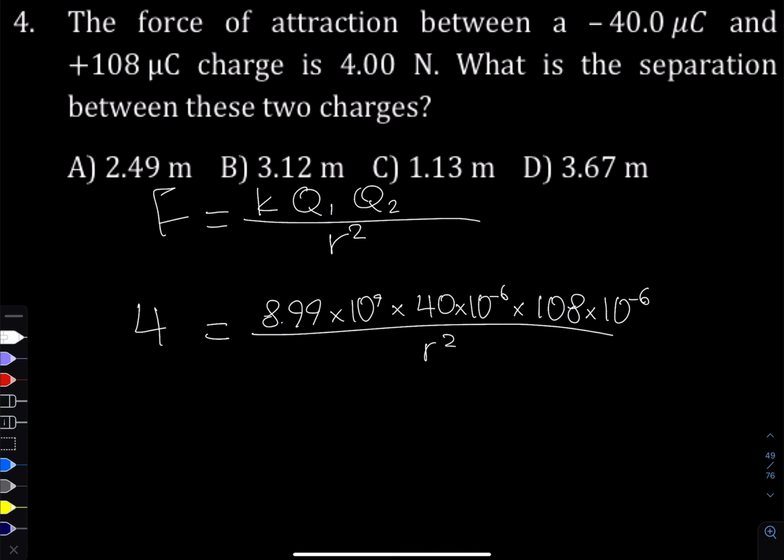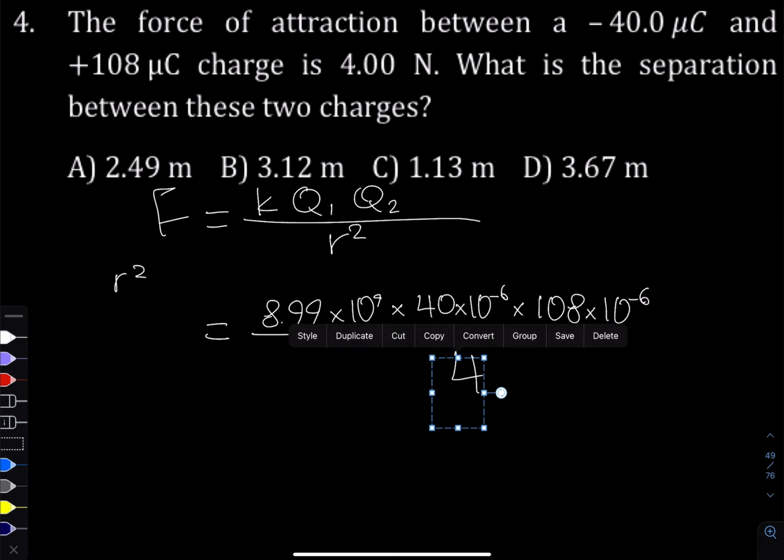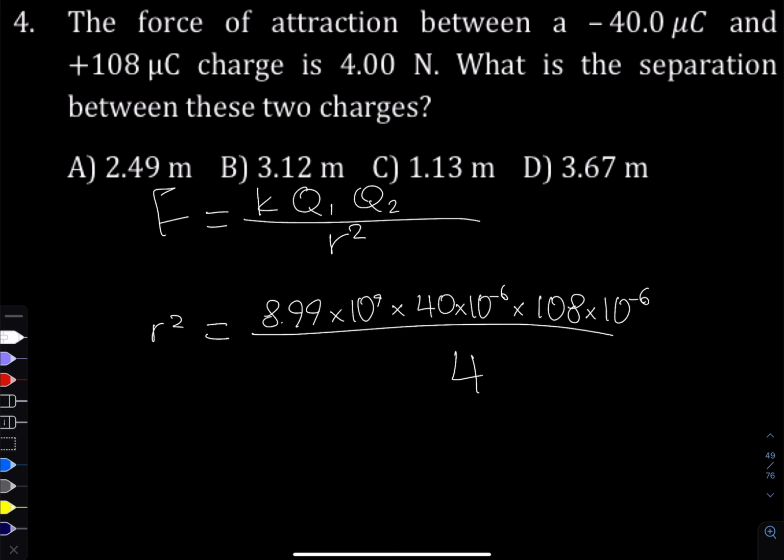So if you just take R and put it here, and then do that, and then square root this whole thing, you will then get rid of the squared there.